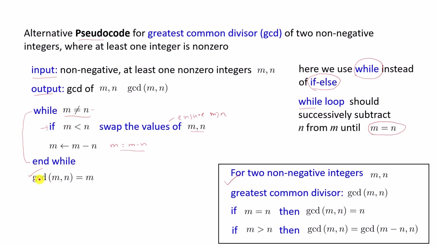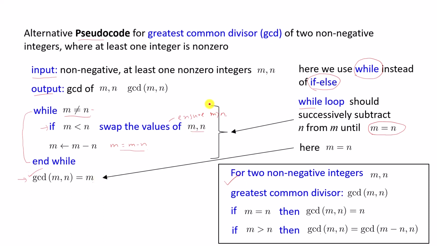So when it is coming here, I don't have to write if m equals n, because this part will be reached only when m equals n. Essentially, whatever we are getting, you can write as m or as n. That is the GCD.